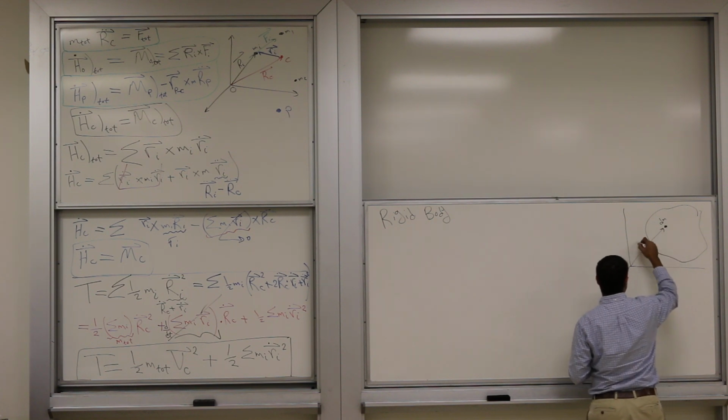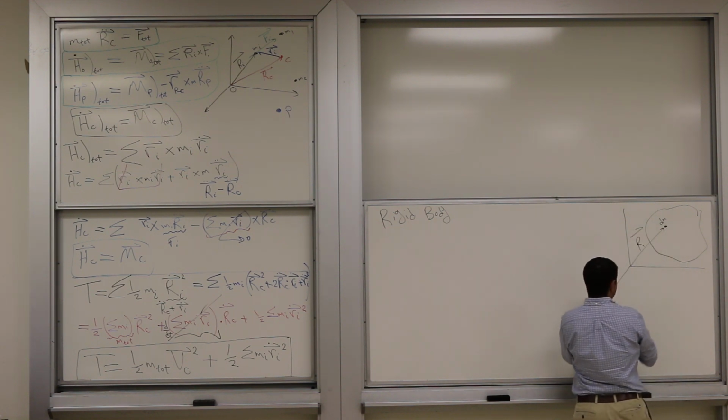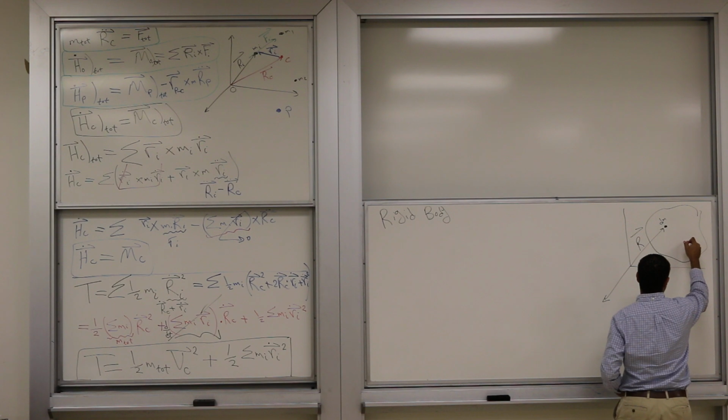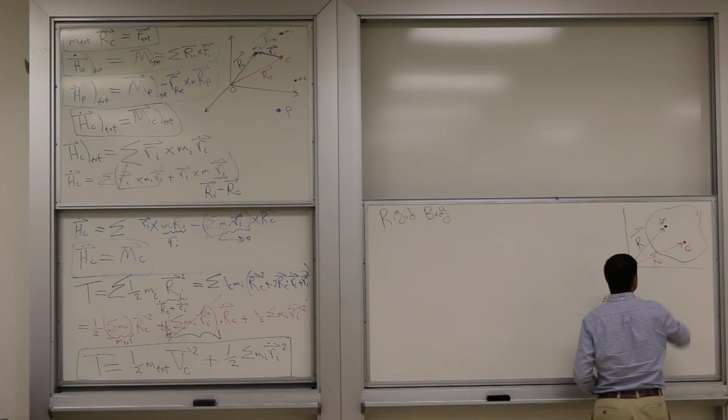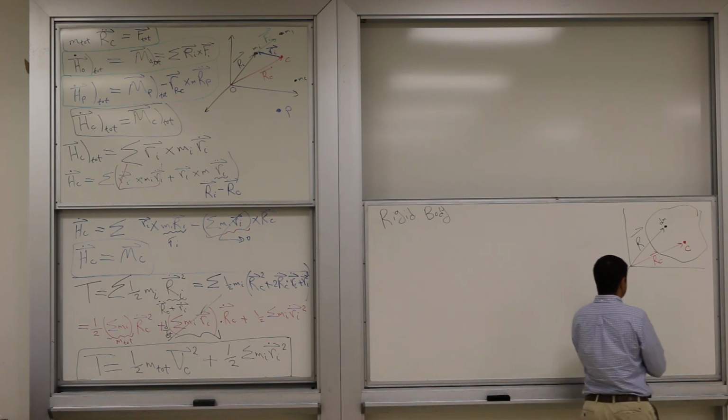So this is my R vector. And again, the same definition for the center of mass, RC. And this is little r.